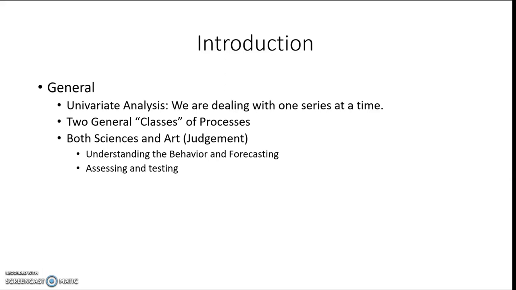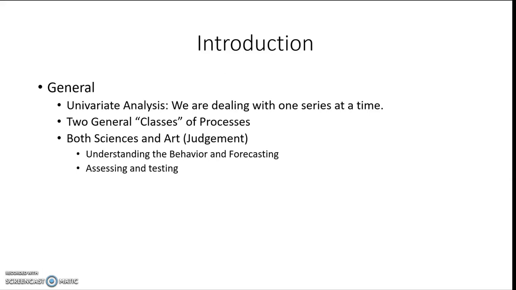the time series analysis may be a univariate analysis or a multivariate analysis. For the time being, I start with the univariate analysis, in which we are dealing with one series at a time. And the second point to note is that there are two general classes of the processes of the time series, and I'll discuss that in detail later on.